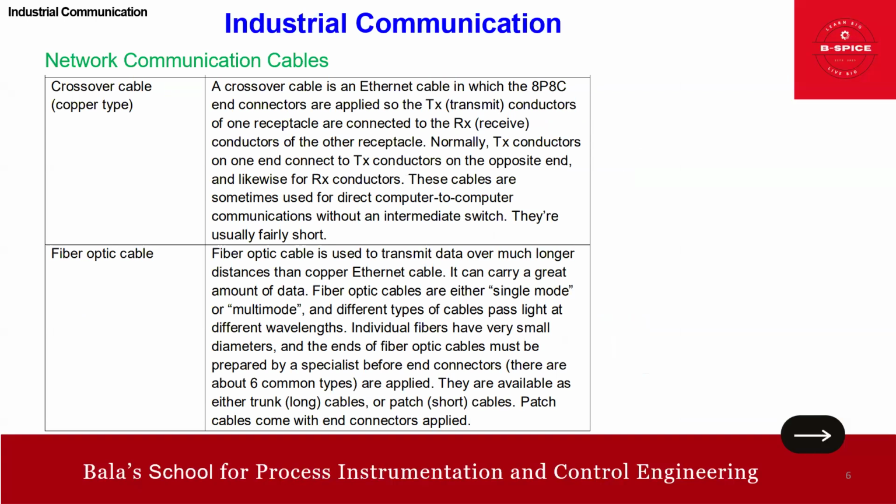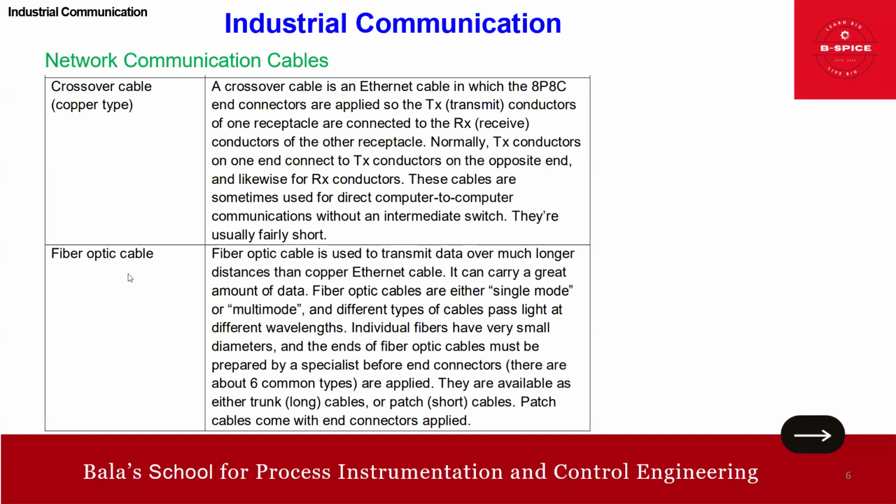The transmit conductor on one end connects to the receive conductor on the opposite end, and likewise for receiving. These cables are sometimes used for direct computer-to-computer communication without an intermediate switch. That is the point, that's why it's a crossover. They're usually short cables.